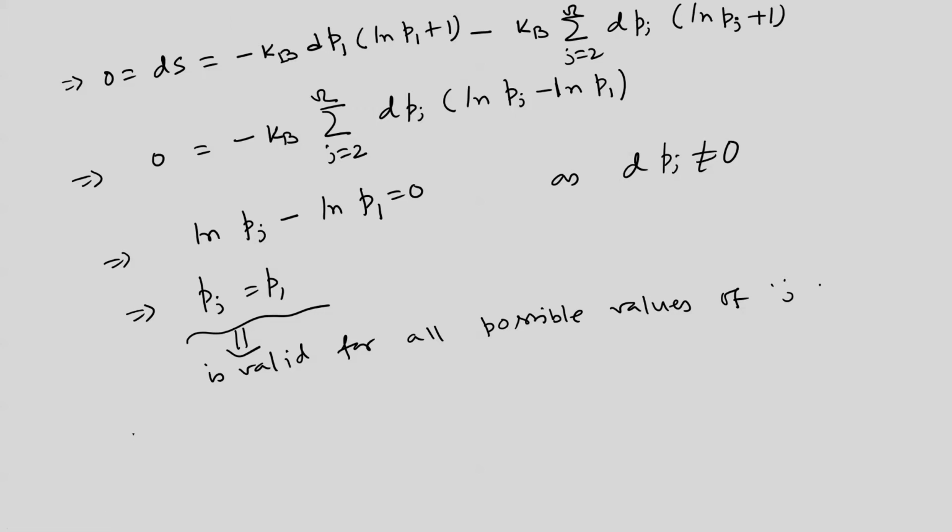So thus we can write P1 equals P2 equals P3 equals P omega. Okay. So this is known as the postulate of equal a priori probabilities.